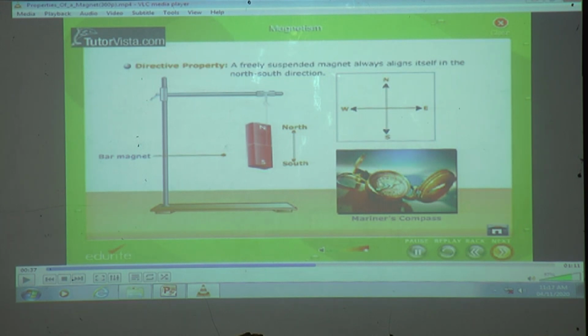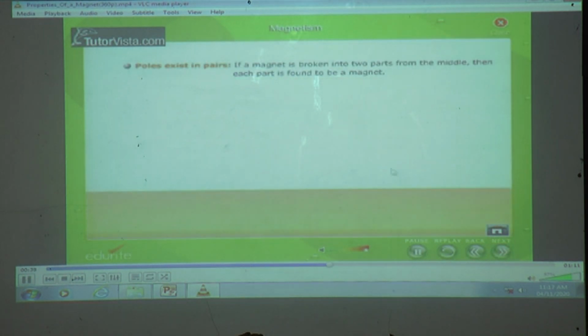They only have maps with them, and by this compass they will come to know which is the north direction and which is the south direction. By this magnetic needle, it will show them which is north and which is south. Okay, now third one, poles exist in pairs.